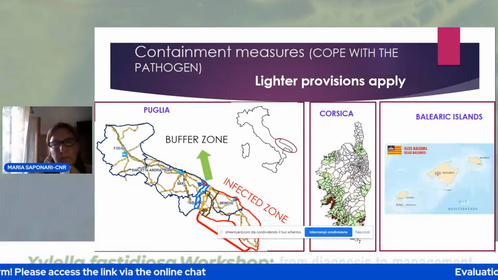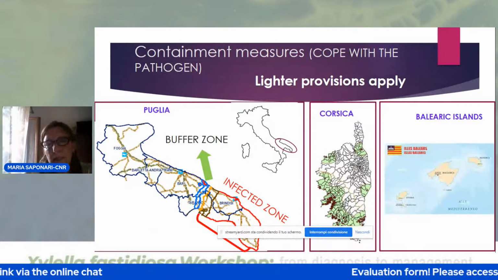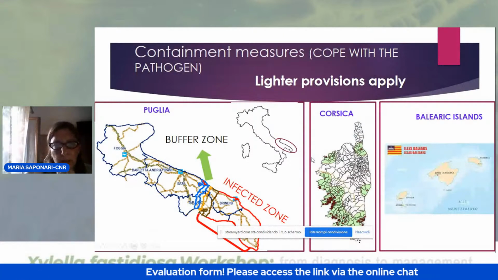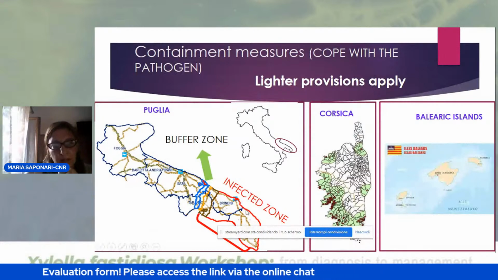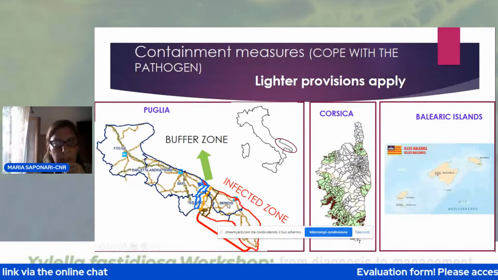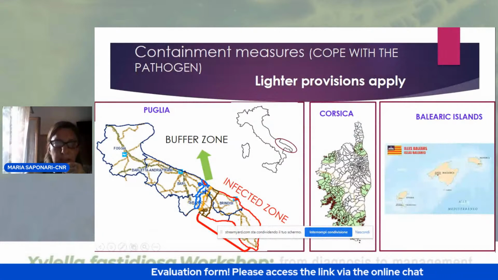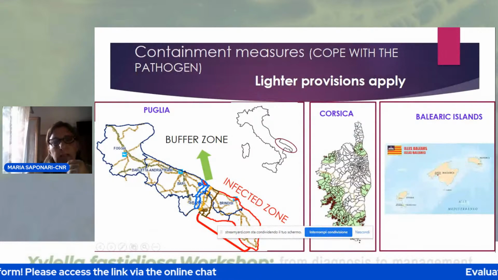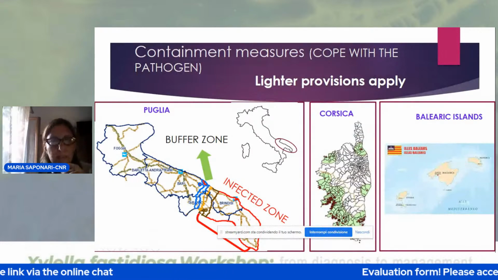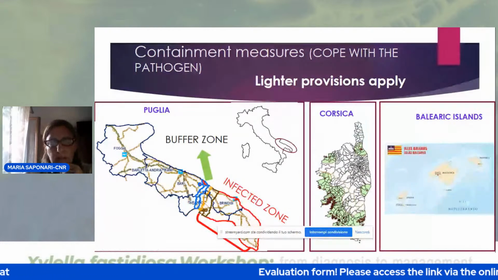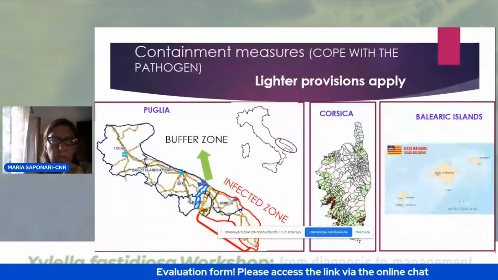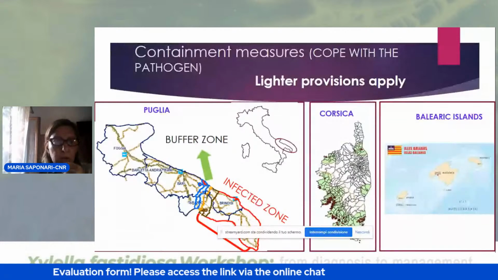In this case, it is not mandatory to remove the infected plants, except in Apulia, where in this area marked in red there is no obligation for removing infected plants, except in this northern part of the infected area, where the removal of the infected plants is mandatory, and the reason is to avoid further spread of the bacterium toward the north.